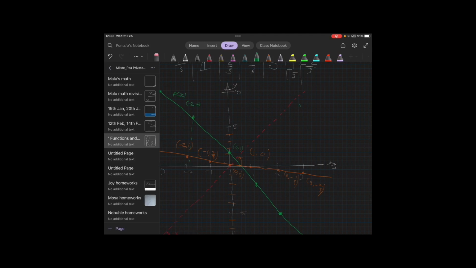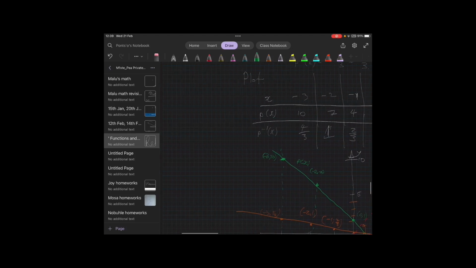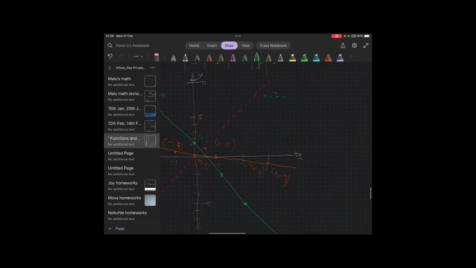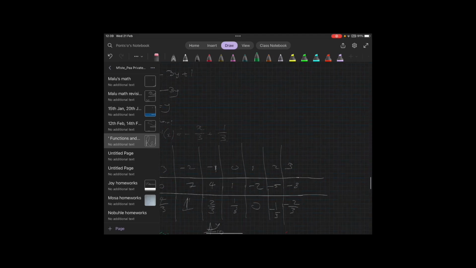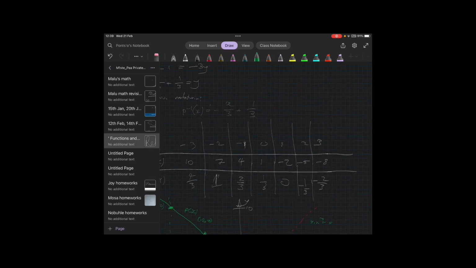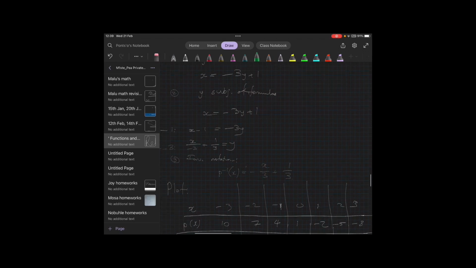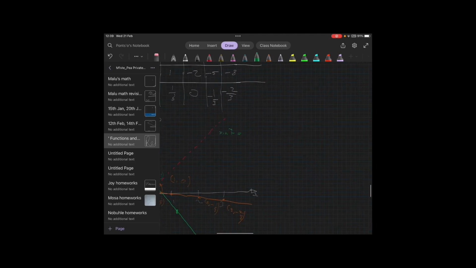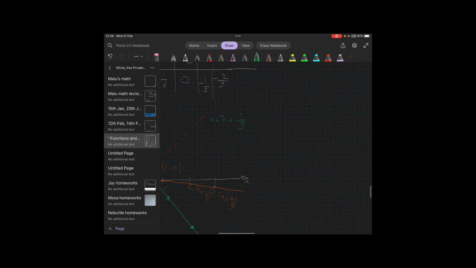So for the green graph, the x-intercept would be where y is 0. Where y is 0, x would be 1/3.